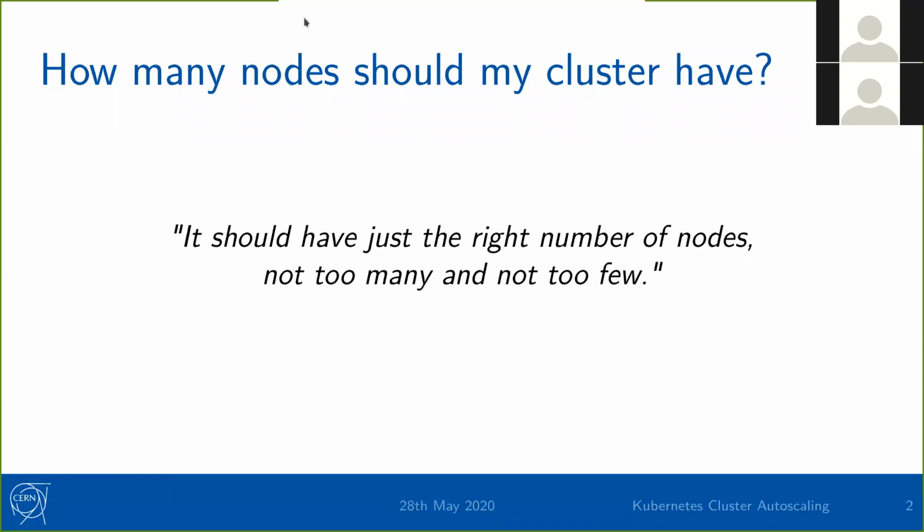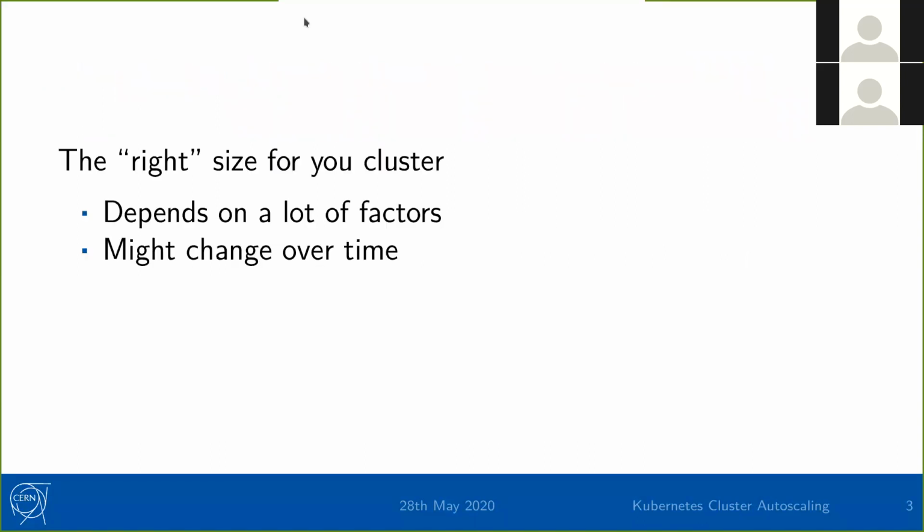For a number of reasons, it depends on a lot of factors, and if you are deploying a production service onto a Kubernetes cluster, you will probably go through a bit of a trial and error period of changing the number of resources allocated per pod, changing the number of pods. And this, of course, affects how many nodes you are going to need.